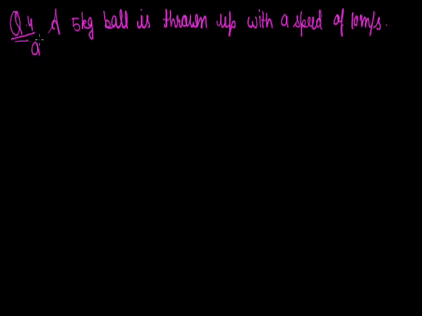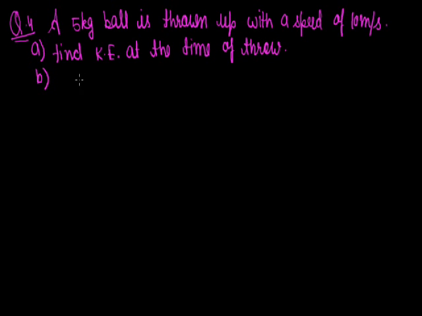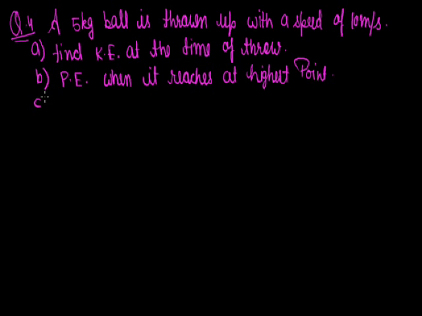You have to find: A, the kinetic energy at the time of throw. B, the potential energy when it reaches the highest point. C, what is the height to which it rises?